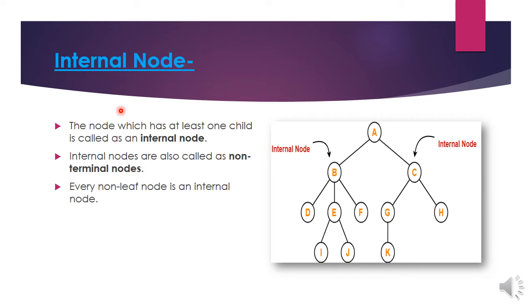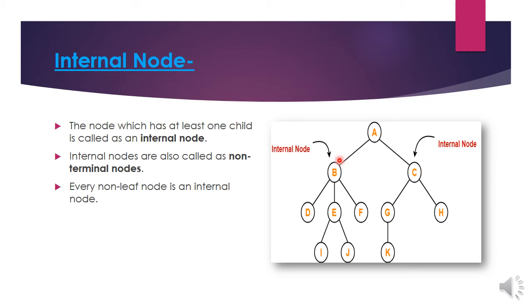Internal nodes. The node which has at least one child is called an internal node. If in a tree any node has a child, that is an internal node. If you see in this picture, B and C have children, C has children G and H, therefore it is an internal node.